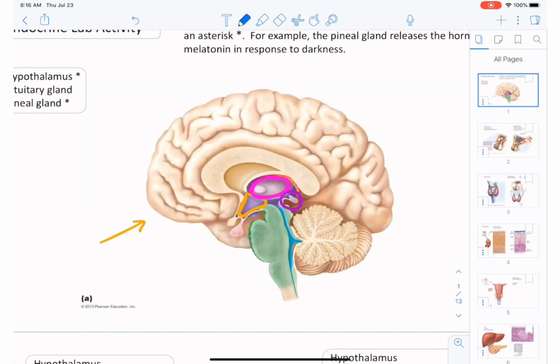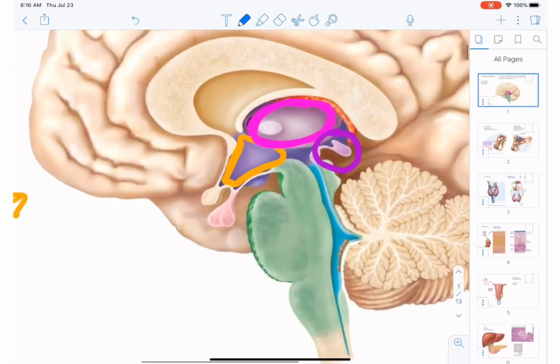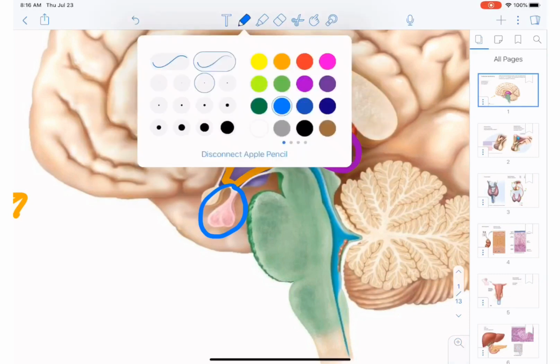So what does the hypothalamus do? Well, the hypothalamus exerts major control over the endocrine system, and it does this by acting on the pituitary gland. And this entire structure below the hypothalamus is the pituitary gland, and there's two different regions of it.